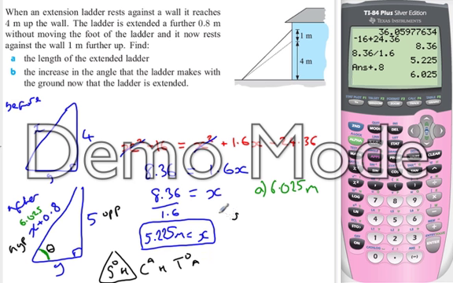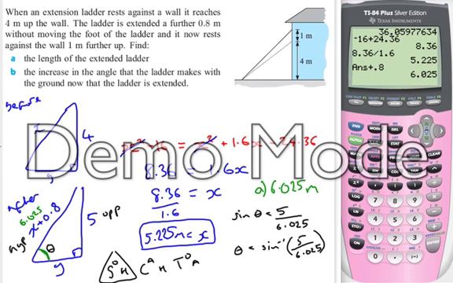Therefore, this is part B. Sine of the angle equals the opposite one, which is 5 divided by the hypotenuse, 6.025. That means that the angle itself is the inverse sine of 5 over 6.025.